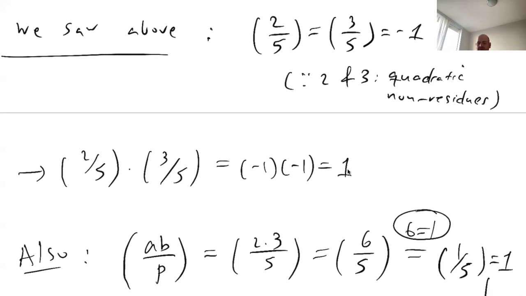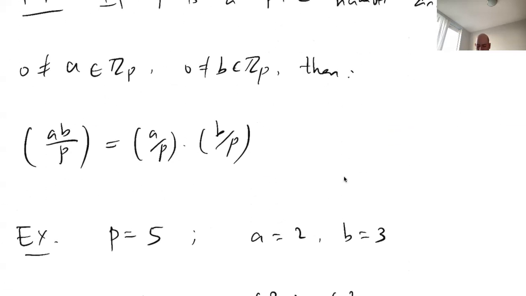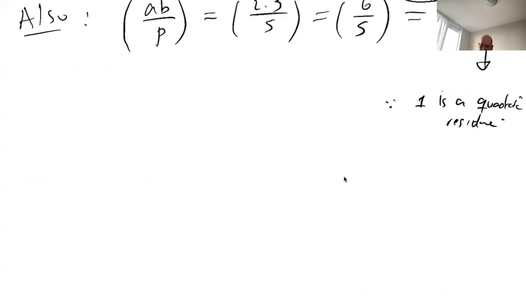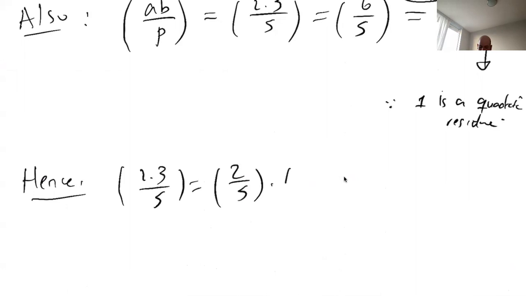So this is just an example of the theorem, which said that AB over P is the same as A over P times B over P. So we can say 2 times 3 over 5 is the same as 2/5 times 3/5. But of course, this is not a proof because the proof has to be in general, but this is just an example of the theorem that we want to prove.